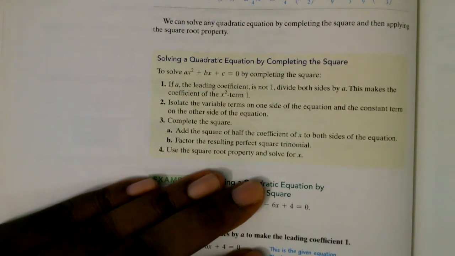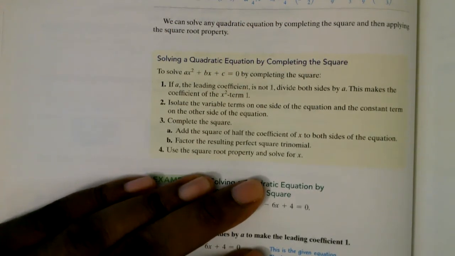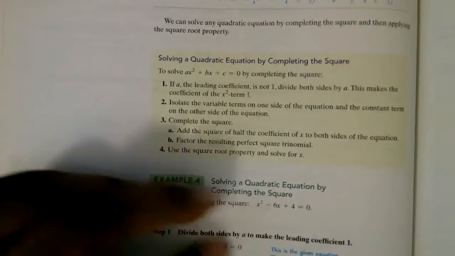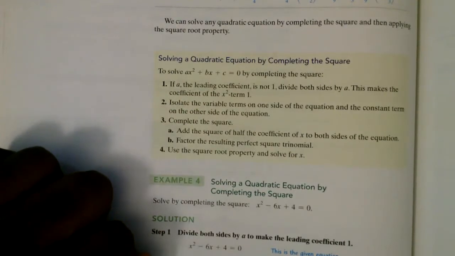Number 1 is this: if a, which is your leading coefficient, is not 1, you're going to have to divide both sides by a. This makes the coefficient of the x squared term 1, because you want the coefficient of your x squared term to be 1 before you begin the next steps.